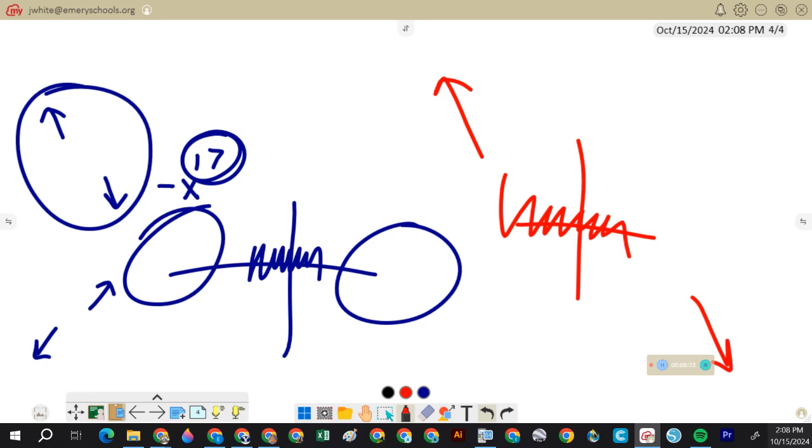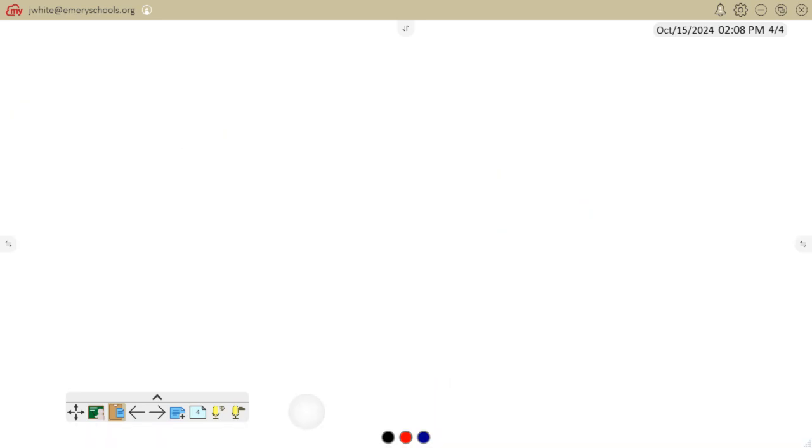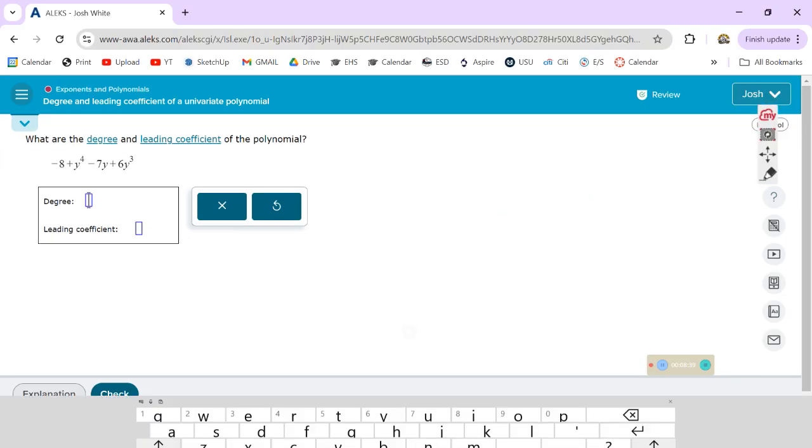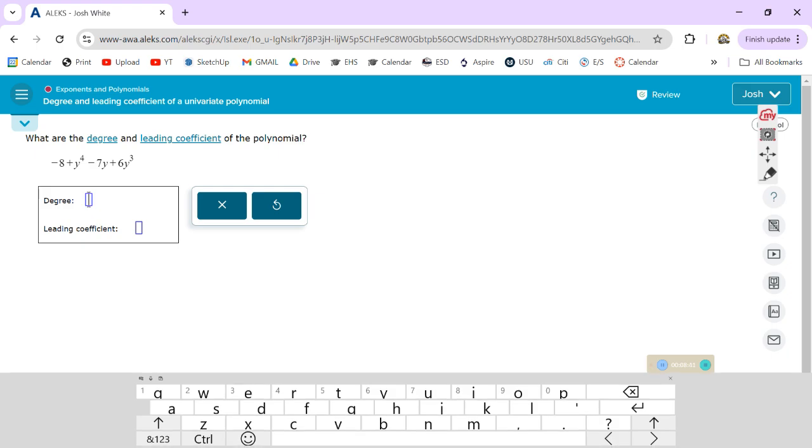Does that make sense? Okay. If you understand that, today is going to be quite easy. So here, what is the degree and the leading coefficient? The degree is 4, that is the largest exponent, and the leading coefficient? Positive 1, or just 1.